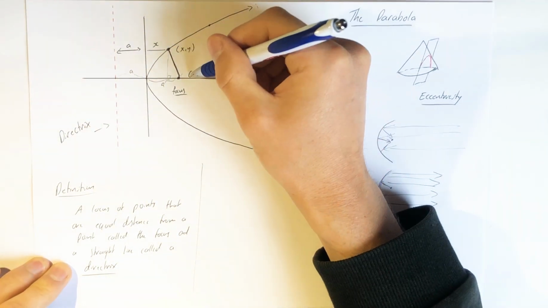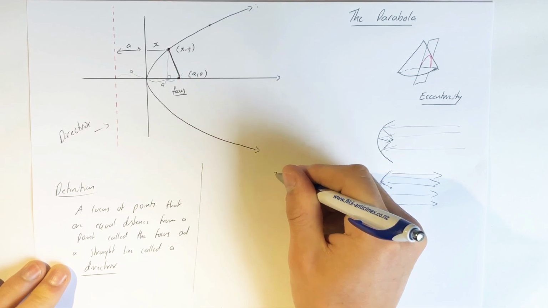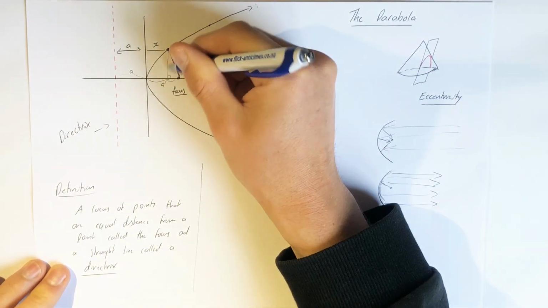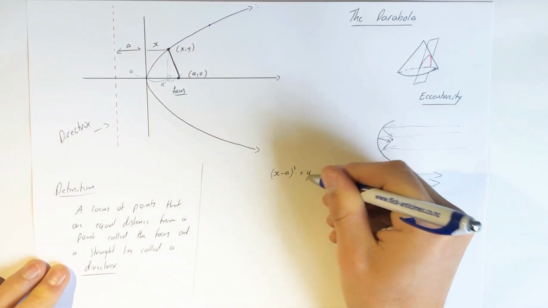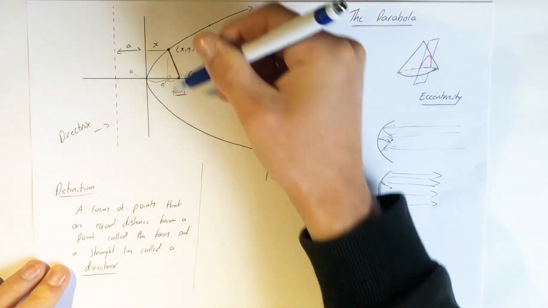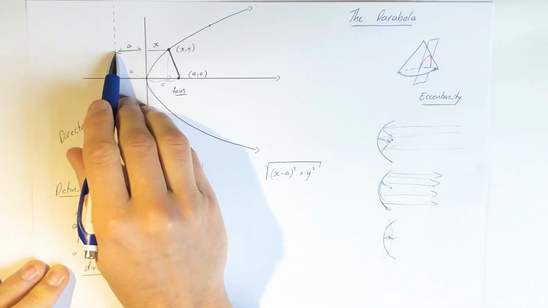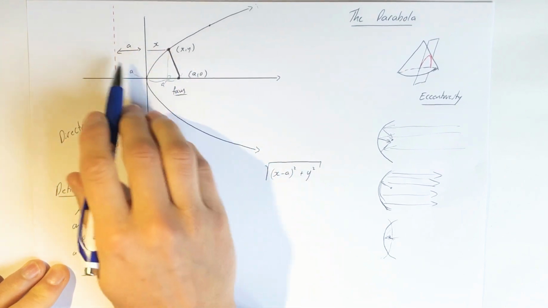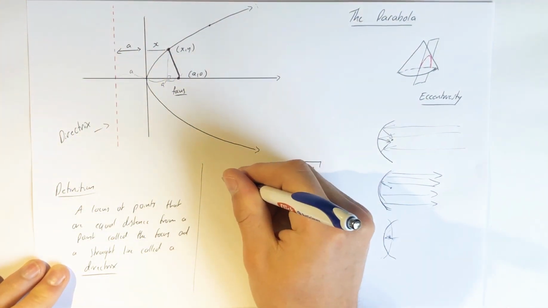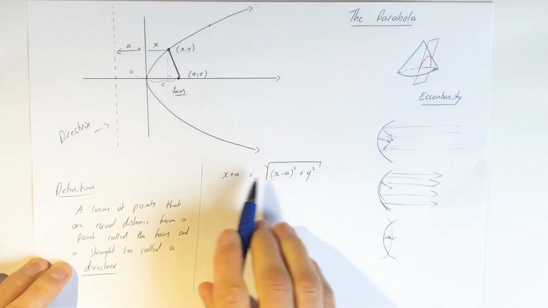We take the difference in x values, so (x minus a) squared, plus the other side squared, plus y squared, and that's all square rooted, would give us this line here. And we're saying that that's equal to this total length here as well. It's not drawn to scale, but that's equal to x plus a.